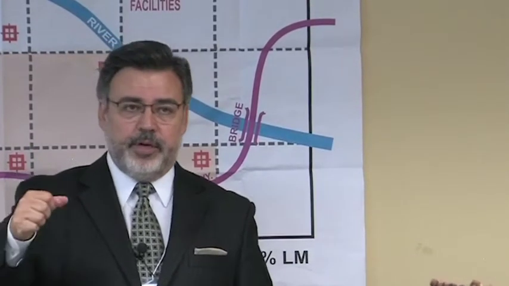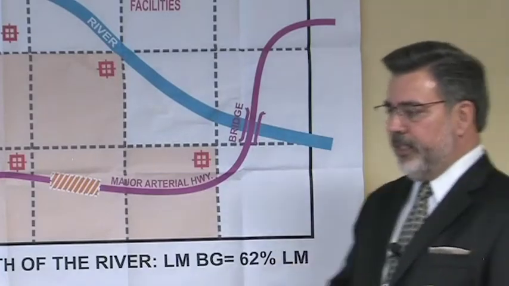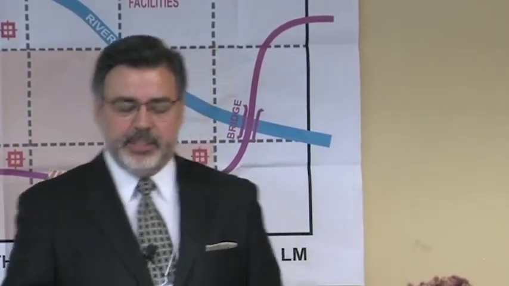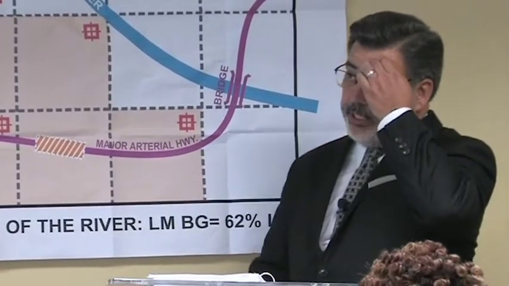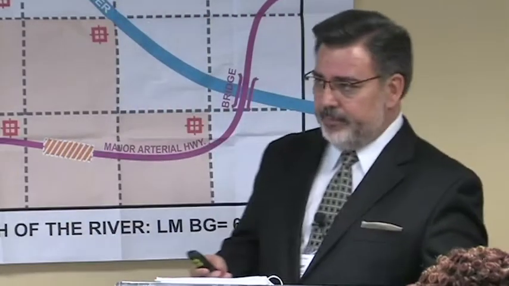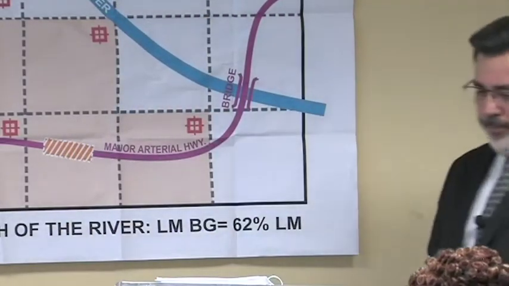So in order for you to be able to fund an activity, you better make sure that both sides of that coin have been met. It's an eligible activity and it meets one of the national objectives. Failure to do that means that that activity is not eligible, okay?